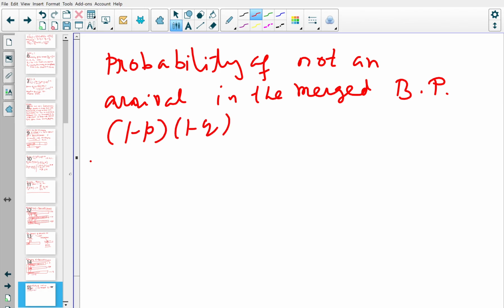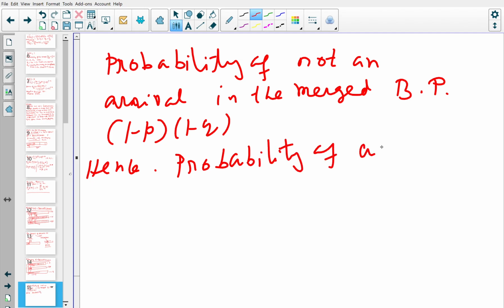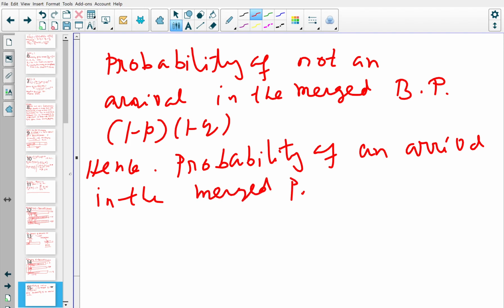And hence the probability of an arrival in the new merged process will be 1 minus this probability, 1 minus p into 1 minus q, right?